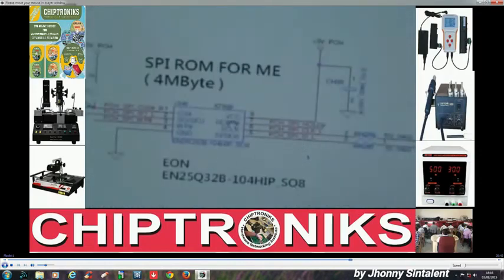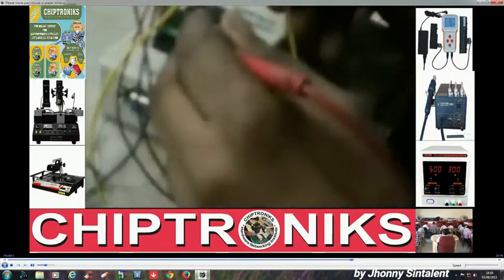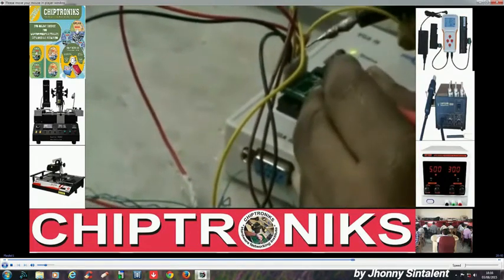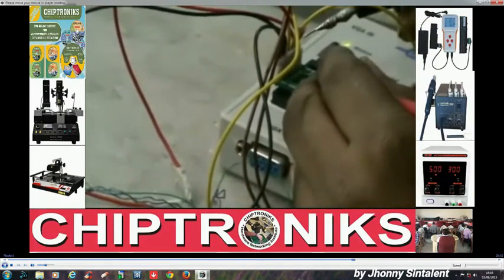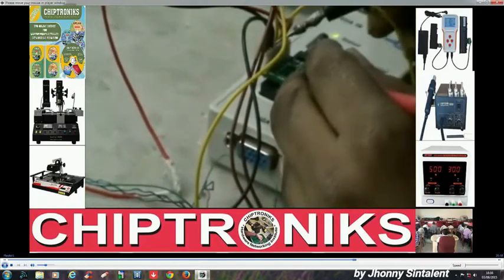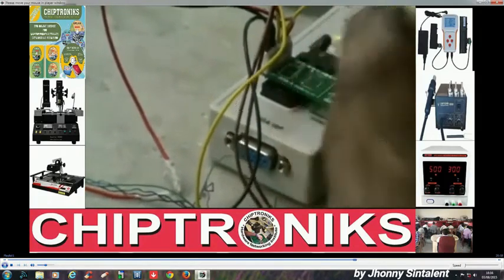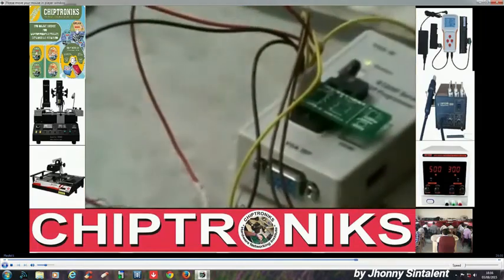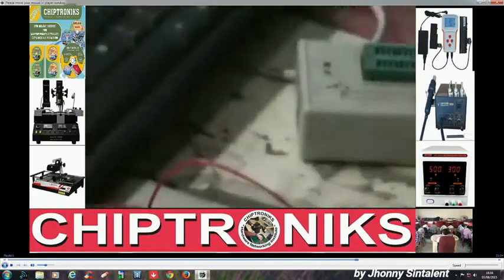Clock is pin number 6. So what is our pin number 6? 1, 2, 3, 4, 5, 6, and 6 is 6. So we'll connect this pin number 6 with KSI5.